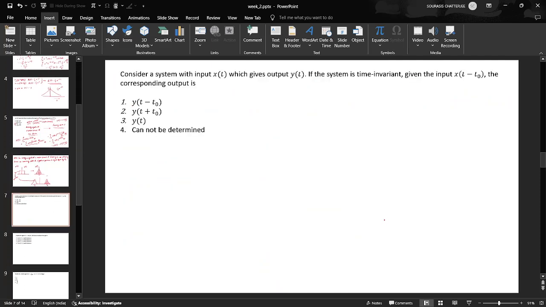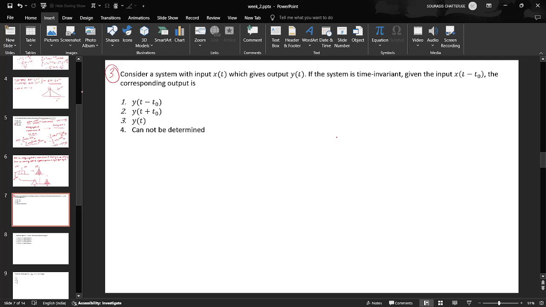So let us move to our third question here. This one is pretty easy actually. You have a system which is said to be time invariant and you are feeding the system with the input x(t), which gives output y(t).